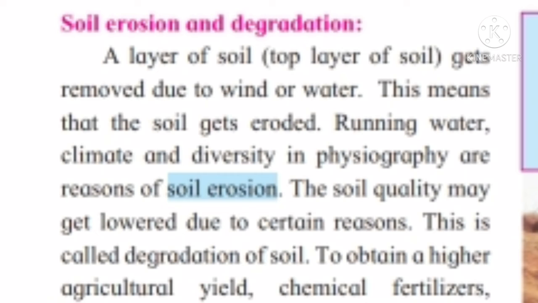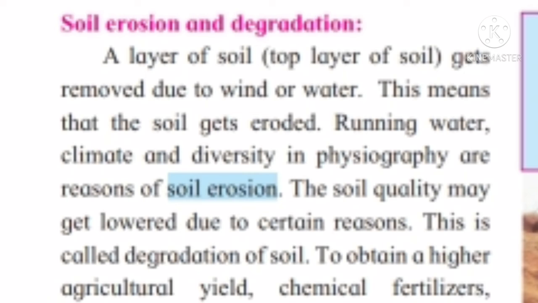This top layer of the soil can be easily removed or it gets washed away due to the flowing water or strong wind blowing or due to various human activities like construction work, agricultural work, construction of road, due to which digging of land takes place and the soil becomes loose and it can be easily blown away by strong wind. So this process in which soil gets washed away due to the running water or strong wind blowing or various human activity is called soil erosion.